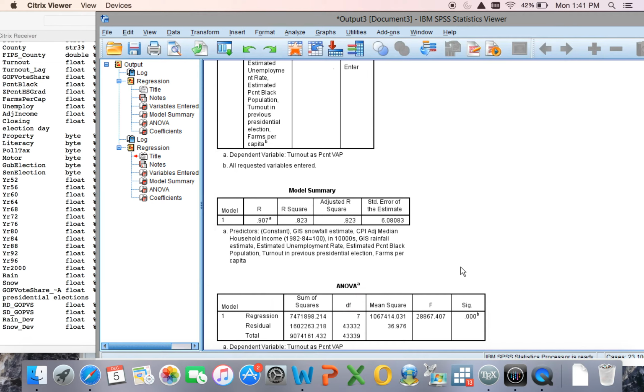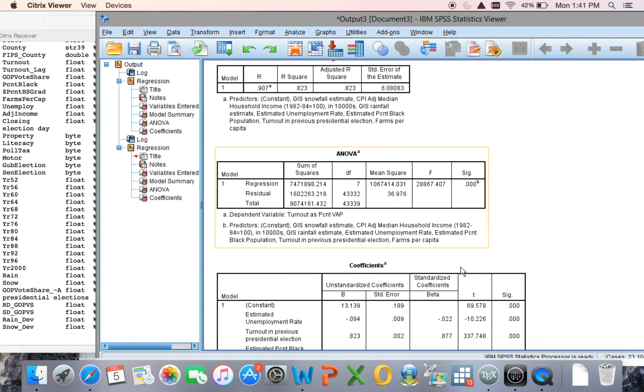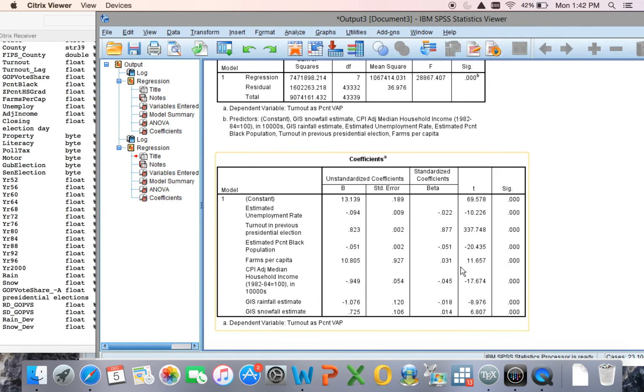So 82.3% of the variation in turnout can be explained by all of our independent variables, which include estimated unemployment rate, turnout in previous election, estimated percent black population, farms per capita, median household income, rain, and snowfall.